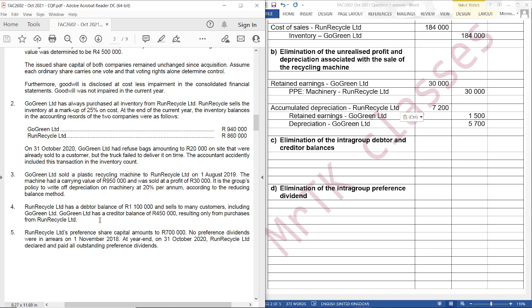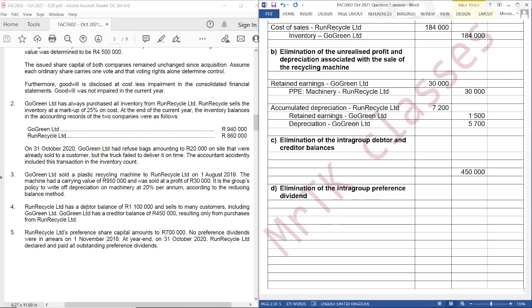So the balance that is between them is 450,000, right? So let's start with this company, Go Green Limited, right? So we need to eliminate 450,000 because it is an intra-group balance, right?